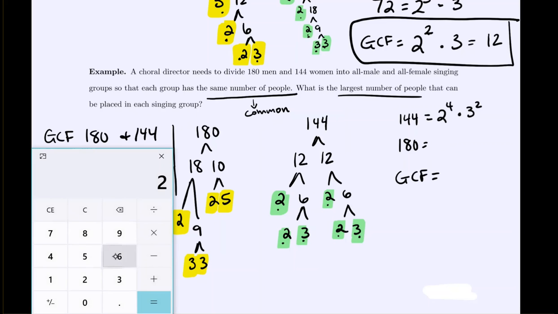We can verify that. For 180, we've got 2 occurring twice, so that's 2 squared. 3 occurs twice, that's 3 squared. 5 occurs once. We can verify that.